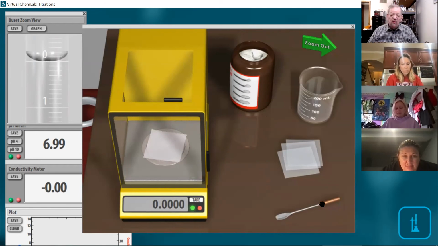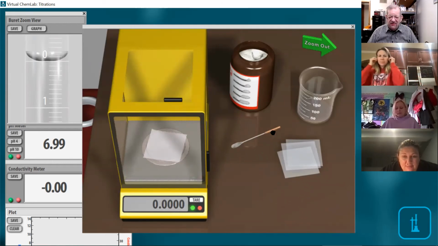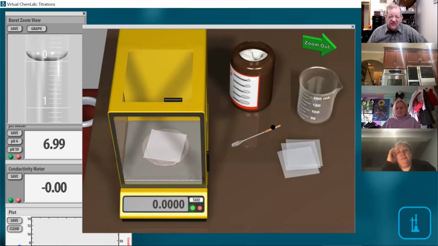Here, what you do is pick up the spatula and see on the label of the bottle, they have 5 different levels of KHP. Go to the bottom one and see how it fills it up. Then you have to go here until it snaps in place, and then you do that a second time.